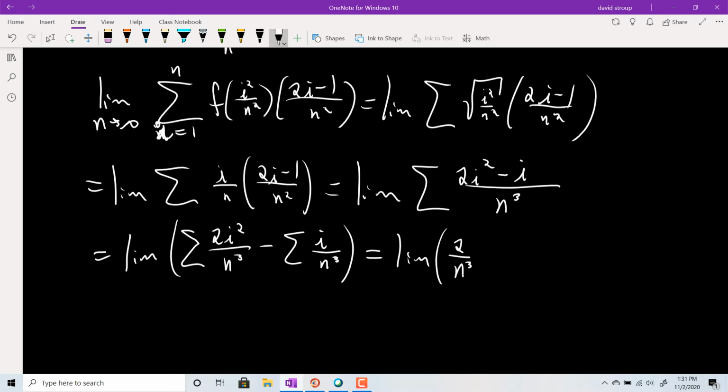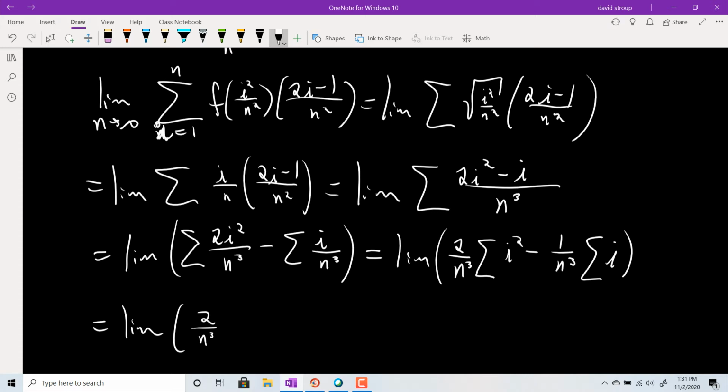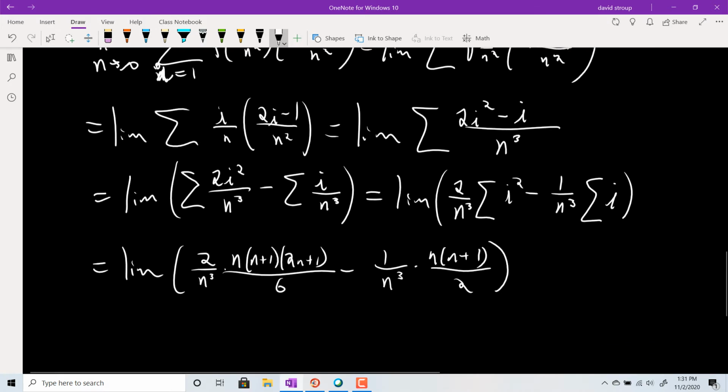So 2 over n cubed times the sum of i squared, minus 1 all over n cubed times the sum of just i. Okay, and then using our formulas, this would be 2 over n cubed times n times (n plus 1) times (2n plus 1) all over 6, minus 1 over n cubed times n(n plus 1) all over 2. And we're taking the limit as n goes to infinity.